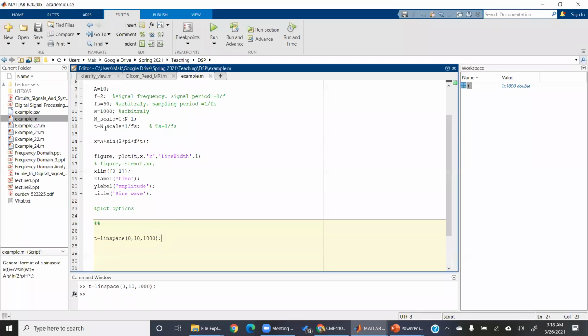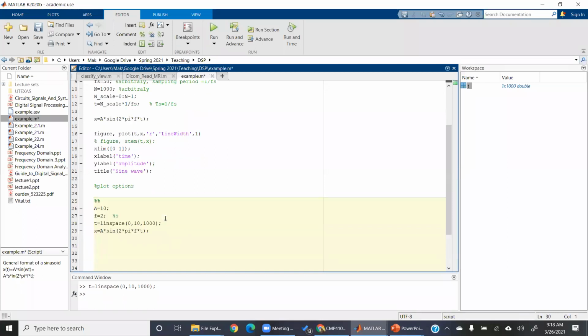Now I can straight away, of course, I still need A and F constants, so amplitude and frequency. So let's say I again define my sine wave as that. I know what A is, 2 pi, F is a constant as well.